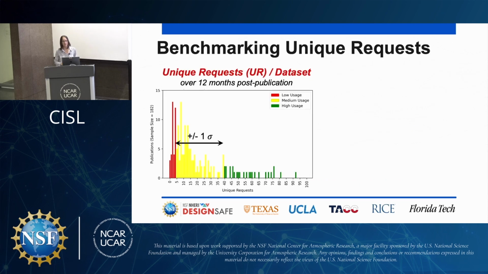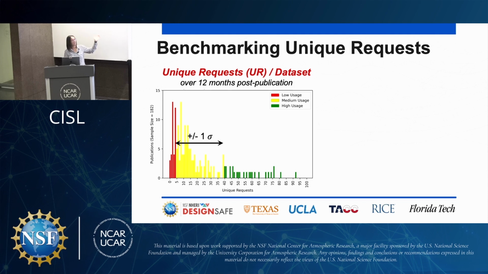So we did a little benchmarking exercise, and I have to credit Maria Steva for leading this effort. We looked at data sets that had been published, and then we looked at how many unique requests they had over the 12 months after they were published. So if it was published in January, from January to January, February, from February to February. We had 182 data sets that we could pull from.